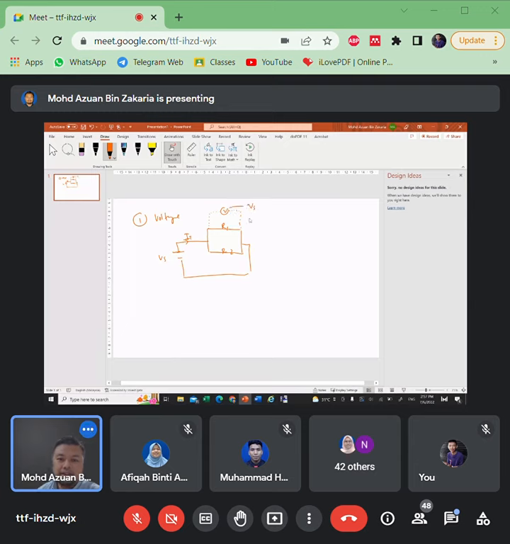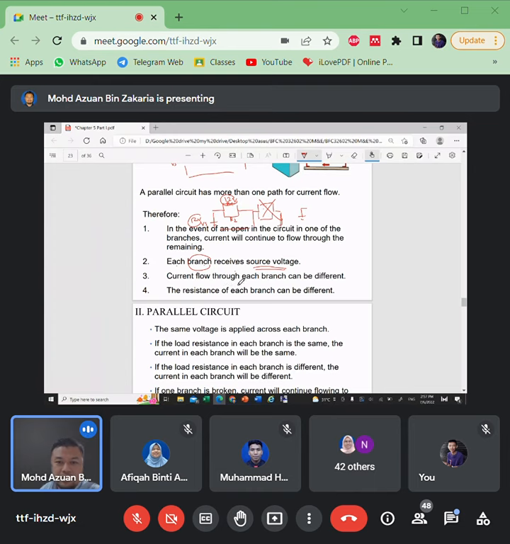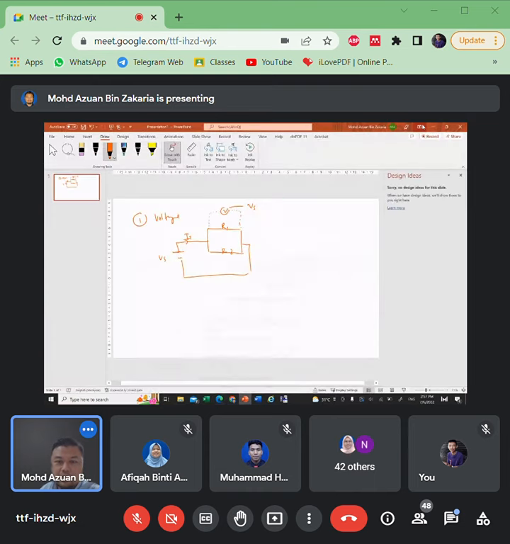Okay, all right. But how about current? So the current flow in each branch can be different. Okay, so means if the resistance is different, inside the branch it will be different current. It can be, for example, I1, this can be I2.